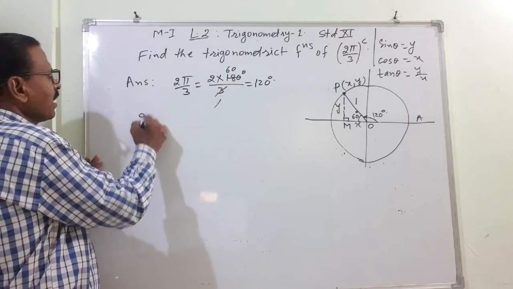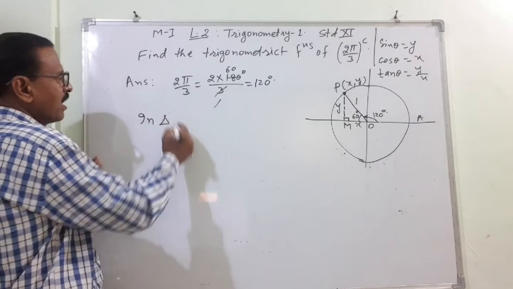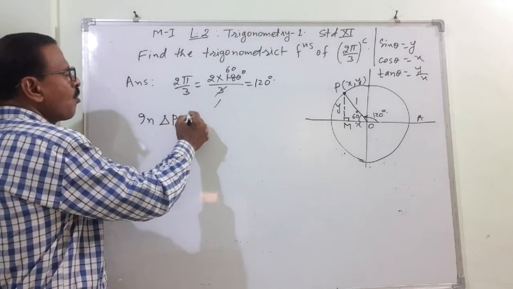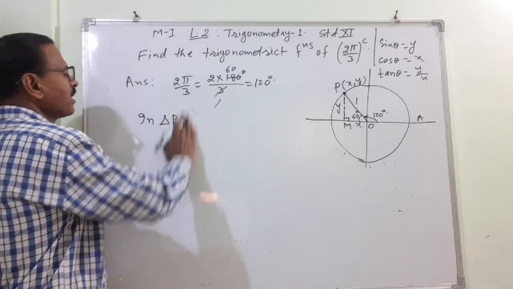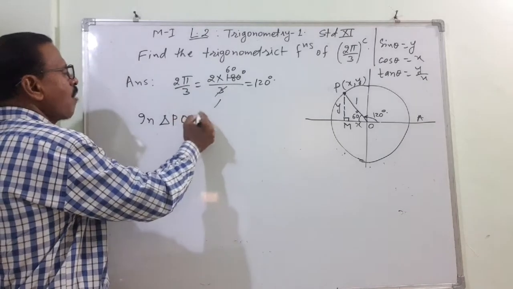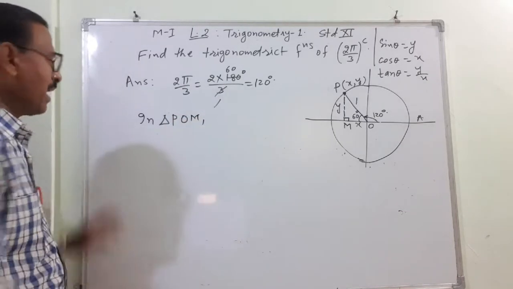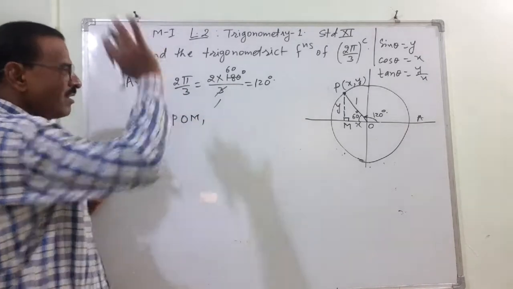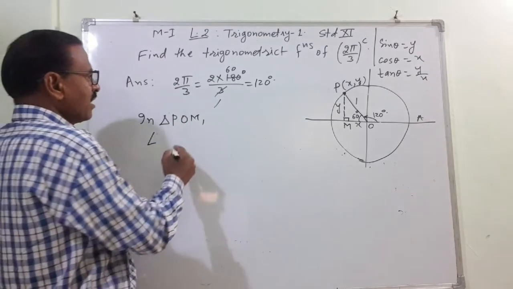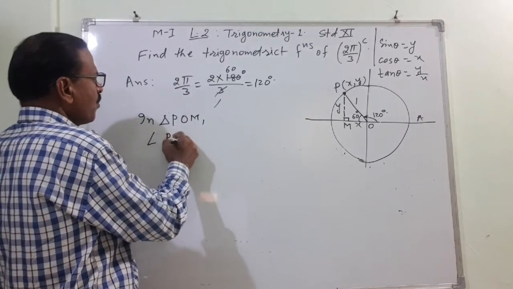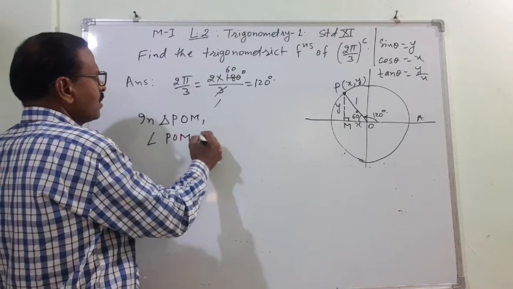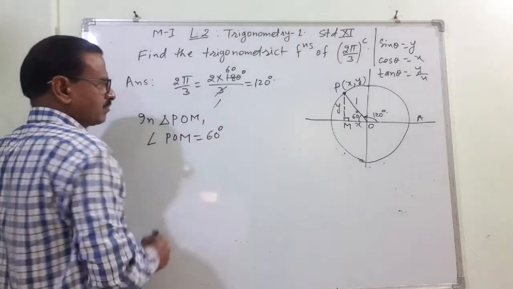So in triangle POM, angle POM is equal to 60 degree.